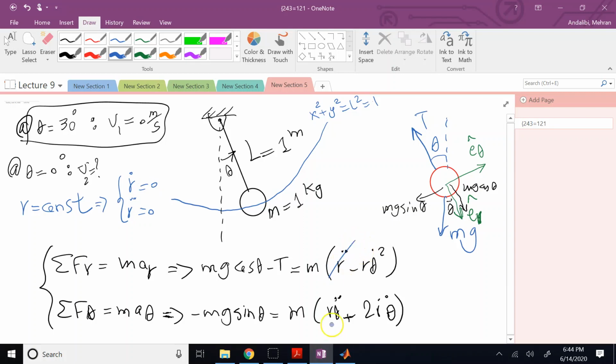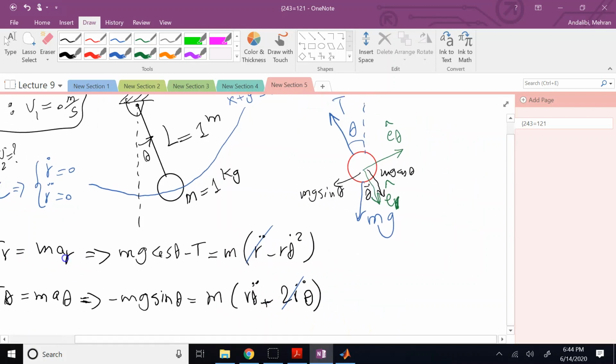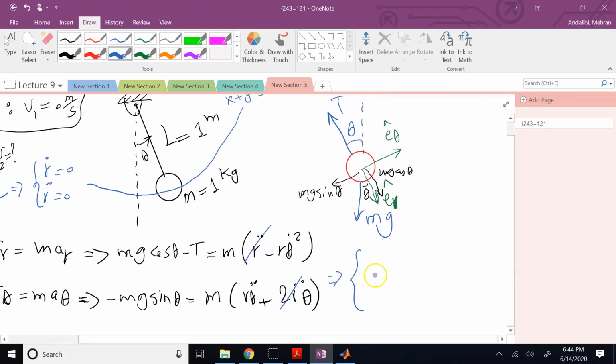Therefore, here this term is 0 and this term is 0. And so, if I simplify it, and here if I take T to this side and simplify, I would get T is equal to mg cosine theta plus m r theta dot squared. And in the bottom one, if I simplify the m's, I would get r theta double dot is equal to negative g sine theta.